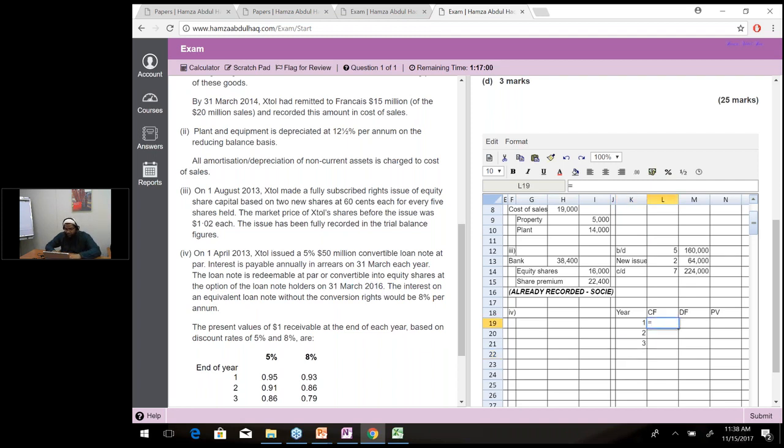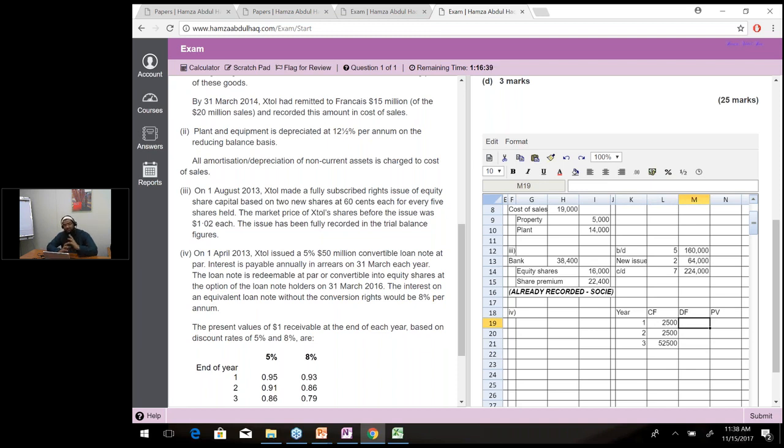So the cash flow is going to be 50 million, which is 50,000 into 5%, for year 1. Same for year 2. And in year 3, this will be 2,500 plus the repayment of the loan of 50,000, so this will become 52,500.